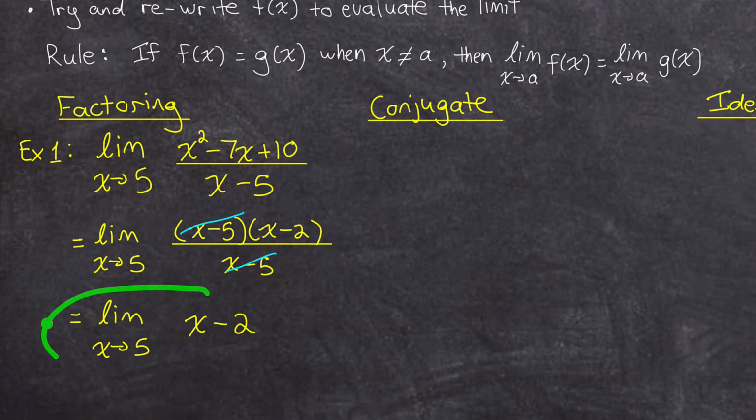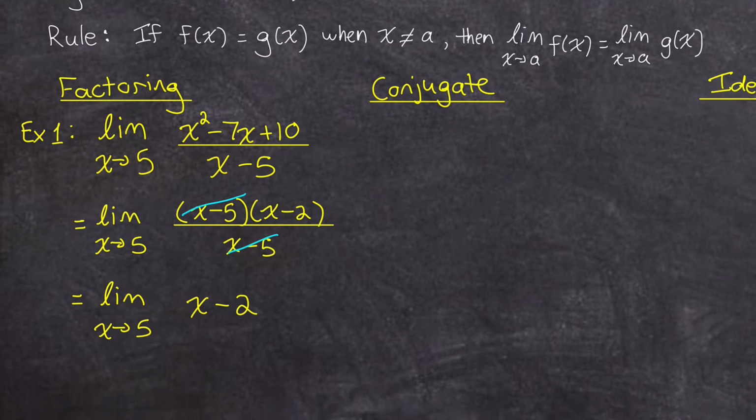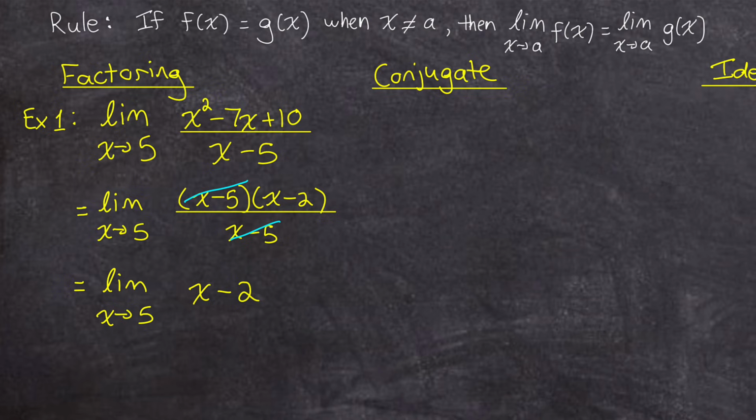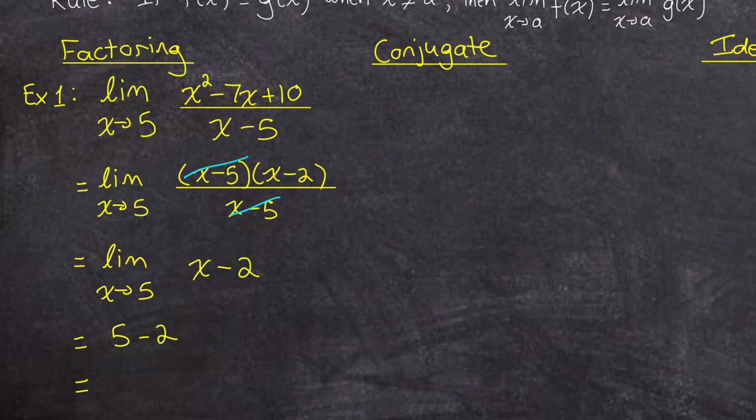And now to find the limit of x minus 2 as x approaches 5, direct substitution would work perfectly fine. I can sub in 5 for x, and I figure out that the limit as x approaches 5 is 3.